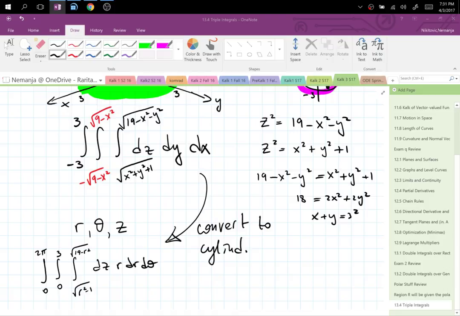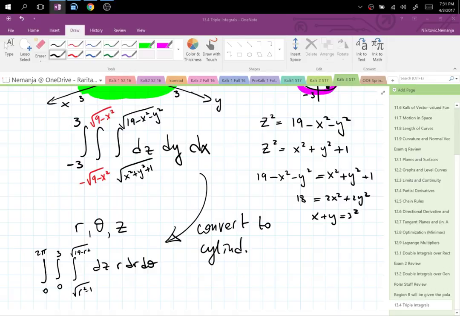So you will do the class prep, and this was an awesome problem to end the lecture, because you've seen the shapes that are supposed to be done in x and y, and then you see also the shapes that are supposed to be done in other coordinates that we are going to learn next time. So again, anything can be set up in x, y, z coordinates, but you are not supposed to compute everything.